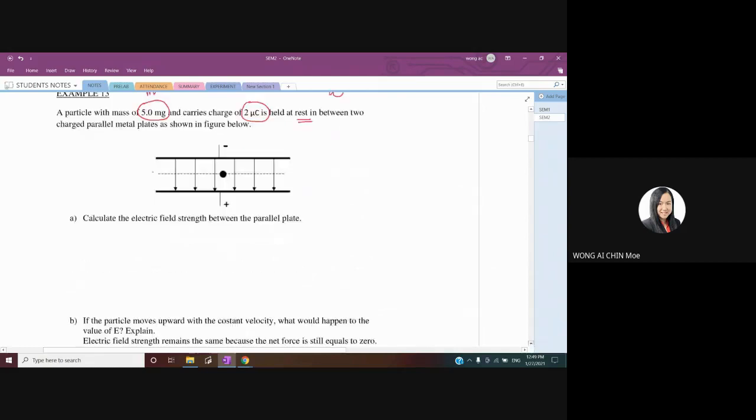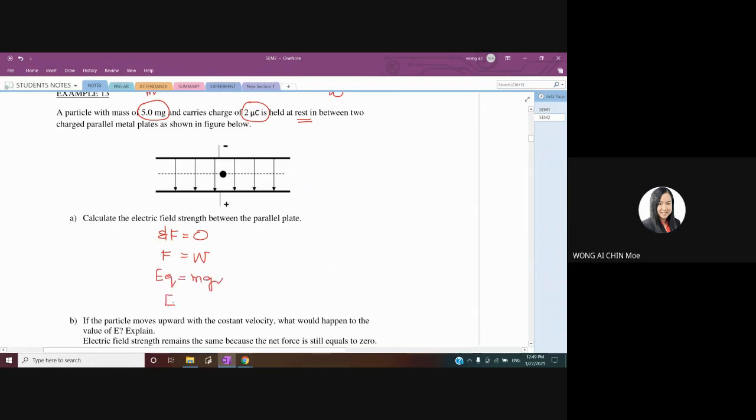As I mentioned just now, when the question gives you the plate, you must first know F net equals 0, because it's at rest. So your F must equal the weight. F equals EQ, and weight equals mg.